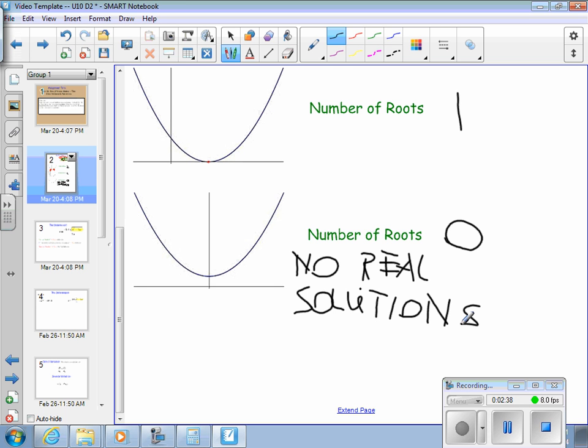So when you were setting the equation equal to 0, factoring and solving, and you wrote no real solutions, this is what was really going on, is that it didn't cross the x-axis. We will refer to imaginary solutions when we get to Algebra 2. Imaginary numbers are a tool that we've created to make unsolvable problems solvable. You don't really need to worry about that right now, but we don't really refer to this as no solutions so much as no real solutions.